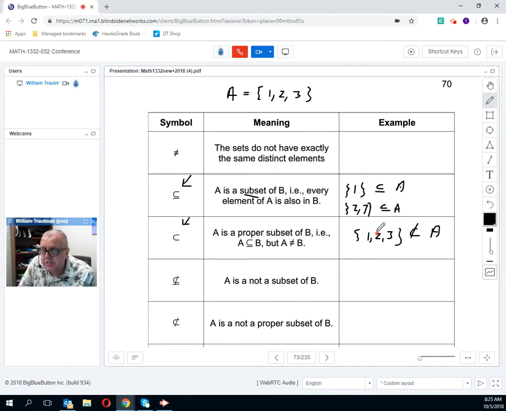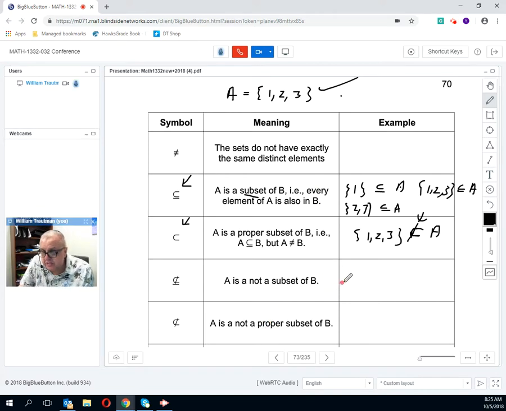A proper subset has parts of the original set, but not all of it. By the way, 1, 2, 3 is a subset of A, but it's not a proper subset. I put a line through it because it's not a proper subset. Proper subsets don't have the exact same elements in them.